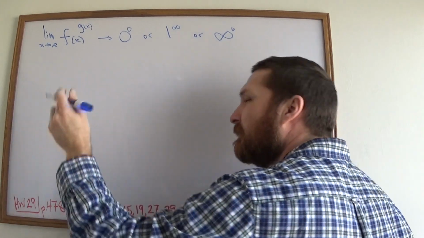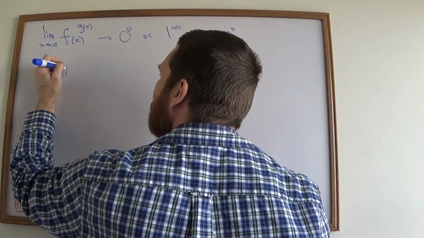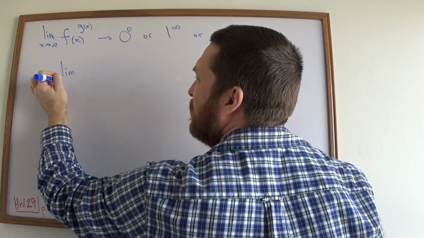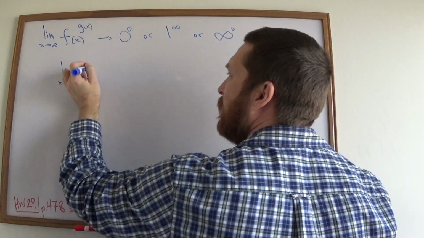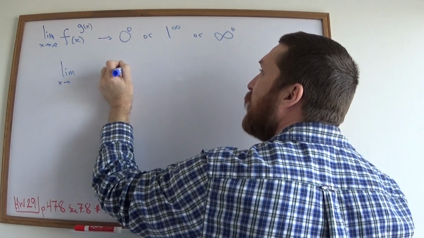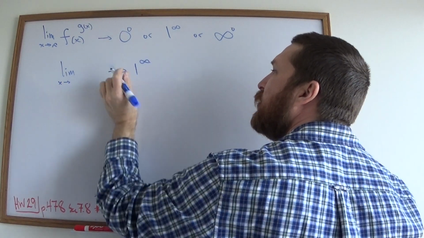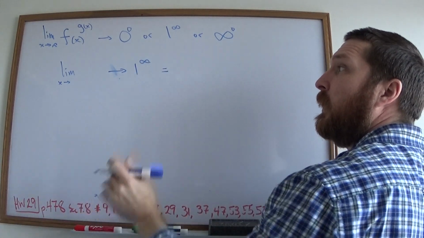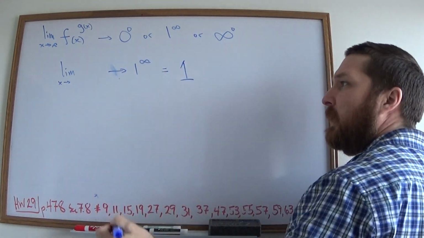Okay, well, let's look at, here you go. Here's my question. You have the limit of some function, and it is going to 1 to the infinity. Your guess is that this equals what? 1. Probably wrong. Okay, well, let's see.